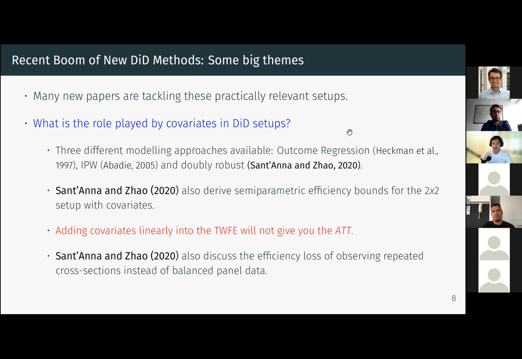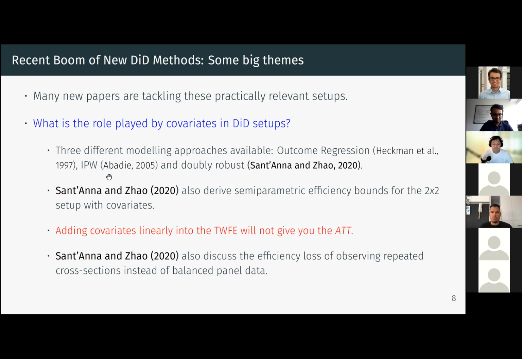That's a very hard question from my perspective, because although I'm trying to recover the same target parameter, the path that I'm following to get there is very different. So outcome regression is going to rely on having a good model for the outcome evolution. IPW methods are going to rely on having a good model for the propensity score, and sometimes I have one better than the other.